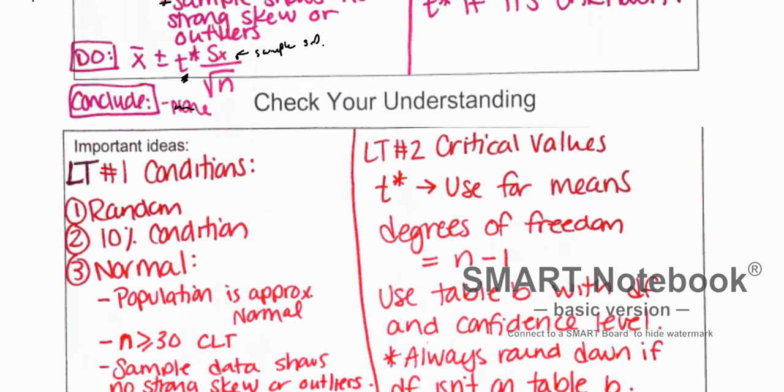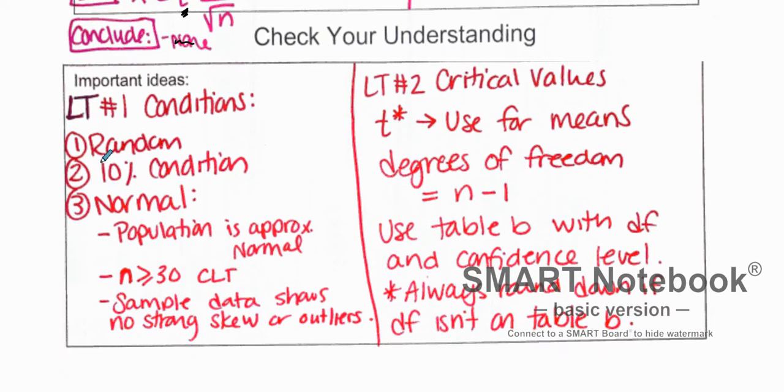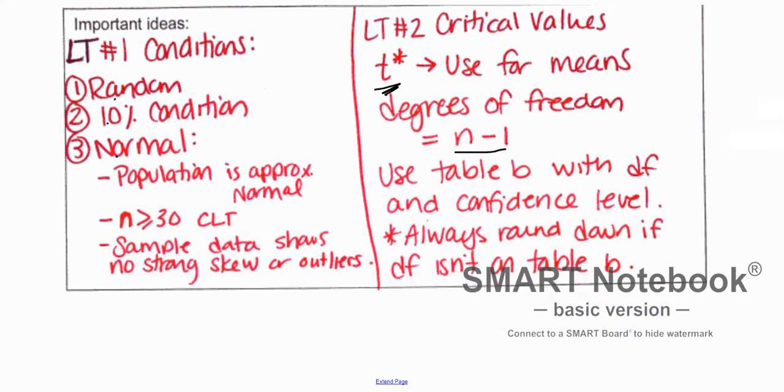Once again, the conditions for doing this are random, 10%, and normal. For the critical value, we need to use what's known as degrees of freedom when we're using our t values. Where does this table come from? We use a table B. We can also use our calculators, using inverse t, where we take 1 minus our percentage divided by 2, and then our degrees of freedom.